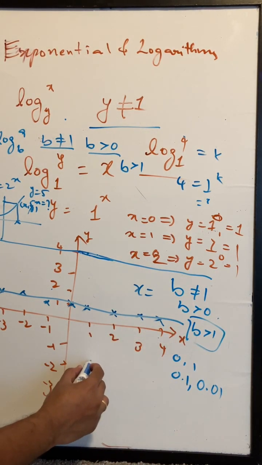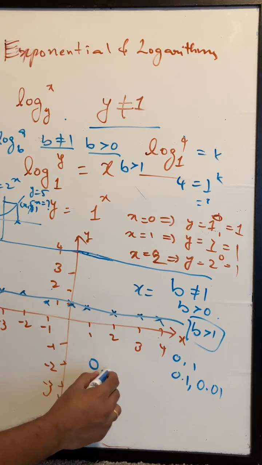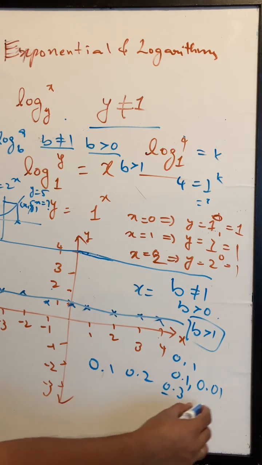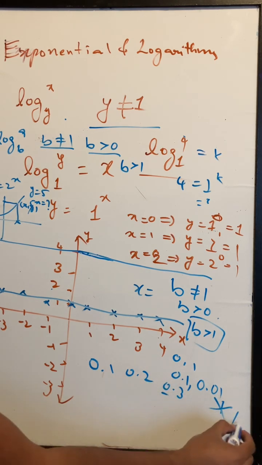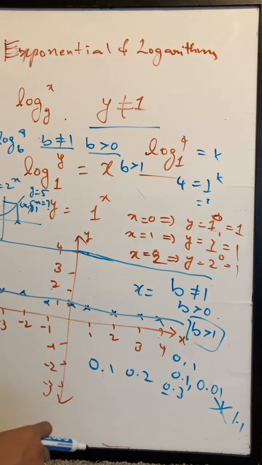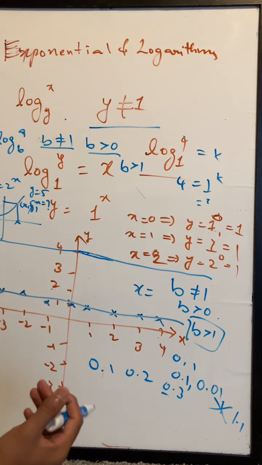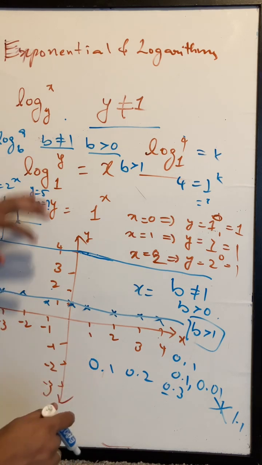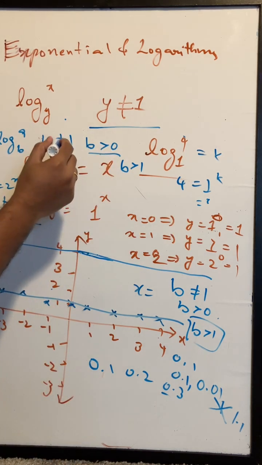So we can write just greater than 0: 0.1, 0.2, 0.3, all these are valid values. 1 we can't use. Then again 1.1, 1.2, all those are good values. So that's the reason we always say b greater than 0, b not equal to 1.